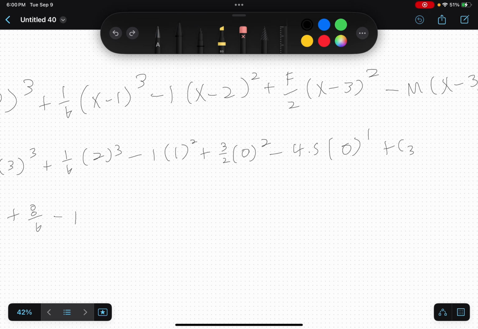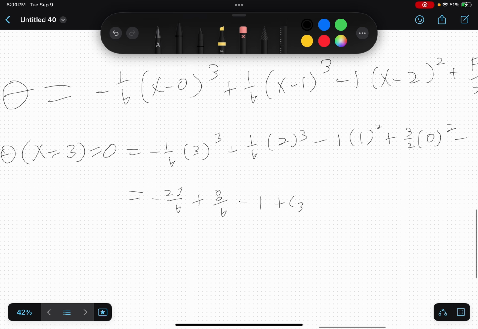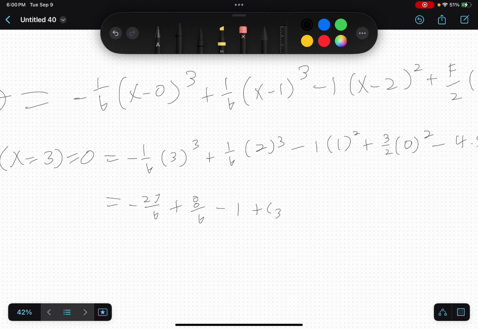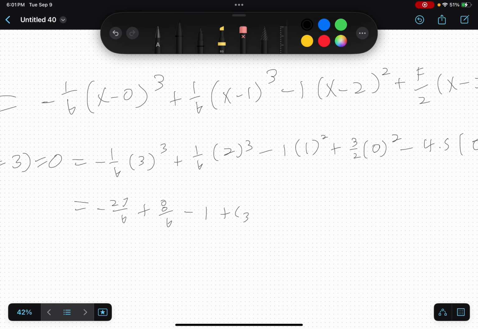So then we just have a minus, 0 to the 1 is also 0, so that would go away. And we just have a plus C3. Is that right? I think that's right.